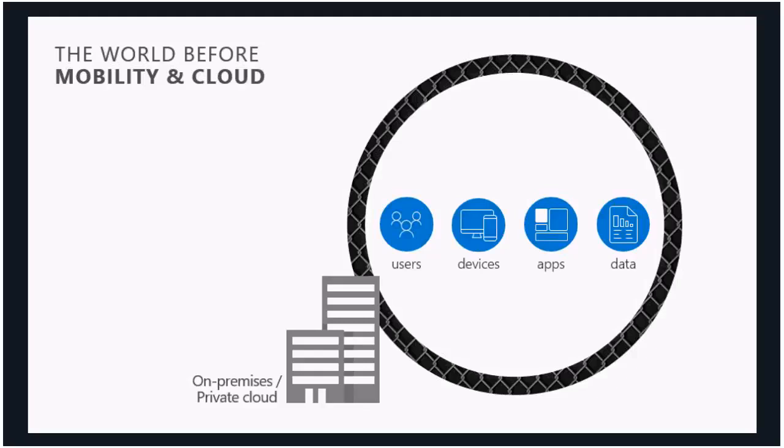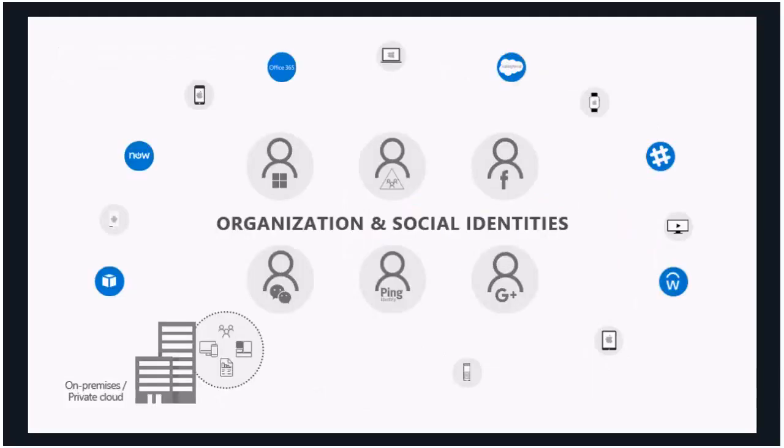So the fundamental question is, how do we apply the network security principles of yesterday to what the landscape looks like tomorrow? Throughout this presentation, we'll attempt to answer some of these questions by describing the solutions we have in the market today that address each aspect of these challenges.